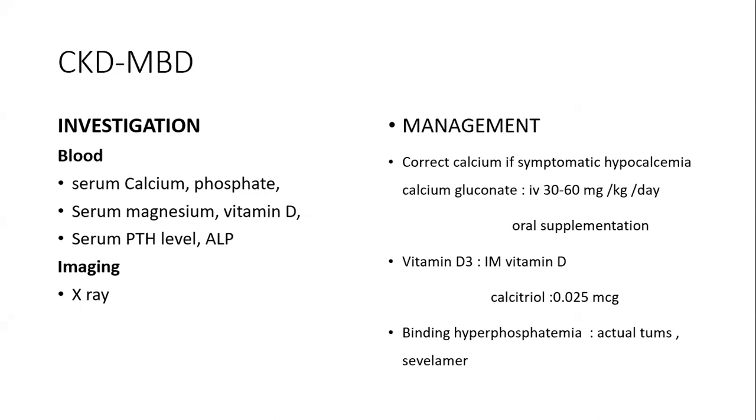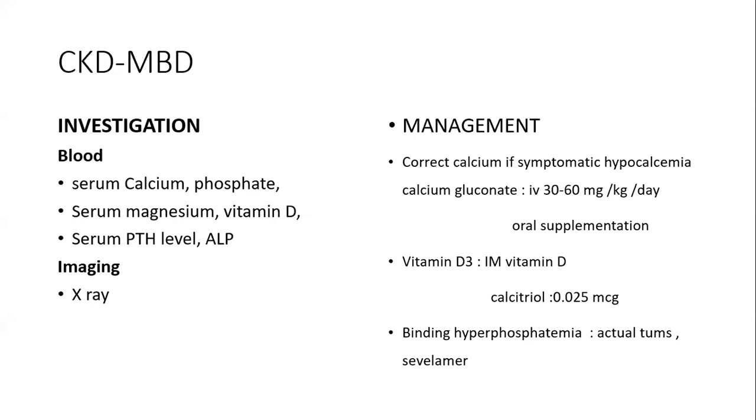Then for the management, you can give calcium, either oral or IV. You can give calcium gluconate in case there is hypocalcemic tetany, or give oral supplementation. You can also give vitamin D, either IV or IM, weekly or monthly depending on the severity, or give vitamin D orally.